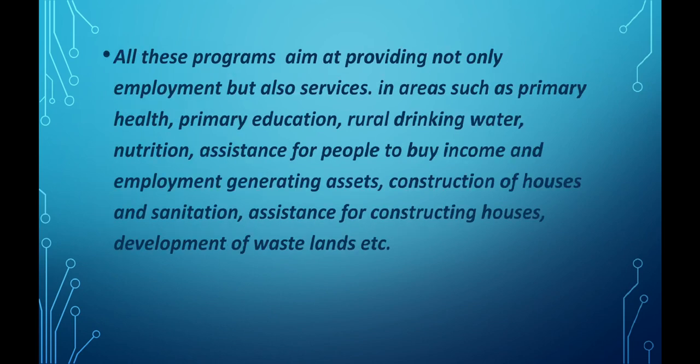All these programs aim at providing not only employment but also services in areas such as primary health, primary education, rural drinking water, nutrition, assistance for people to buy income and employment generating assets, construction of houses and sanitation, assistance for constructing houses, development of wasteland, etc.